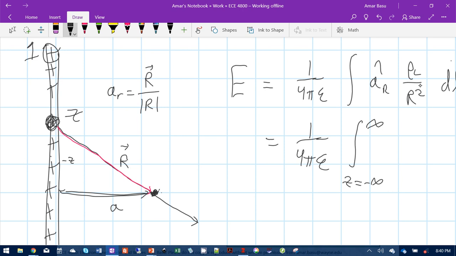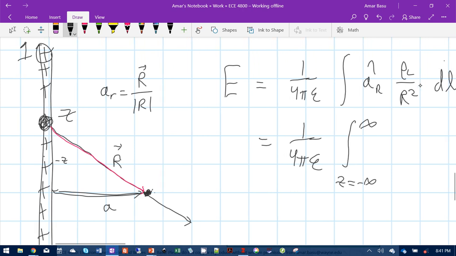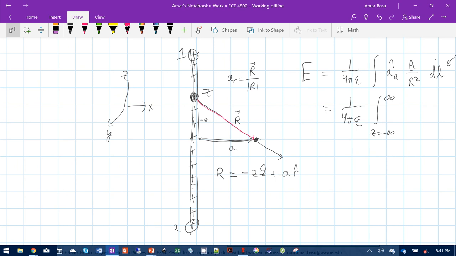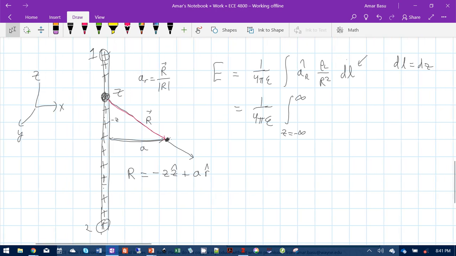A. So R is equal to negative Z times Z hat plus A times, let's call this R hat. Okay, X and R are kind of interchangeable here. We're in cylindrical coordinates. We can put things in terms of X and Y, or we could put things in terms of R, because there's cylindrical symmetry around here. So I'm just going to put it in terms of R hat.